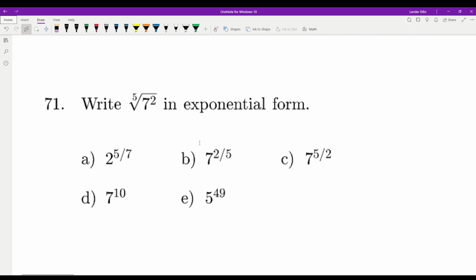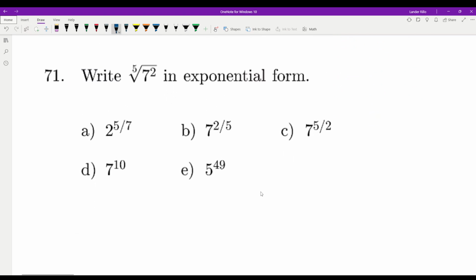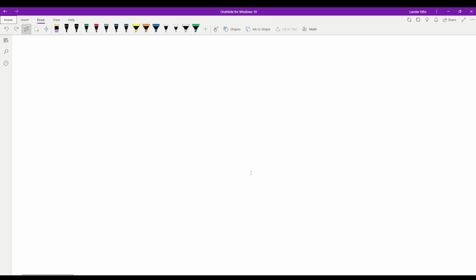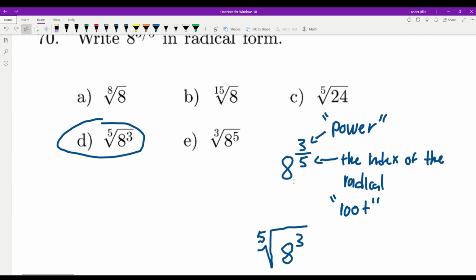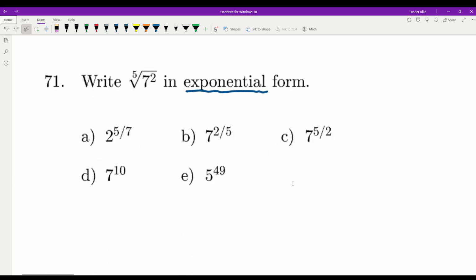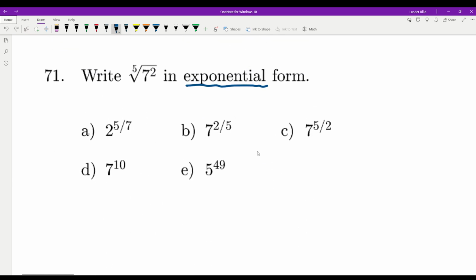Next, write in exponential form. What it means by exponential form is there's a base and there's an exponent. So we just redo the reverse process of what we did here. Let's go back to this, and let's write it down for myself. This is the power of the number that's in the middle.